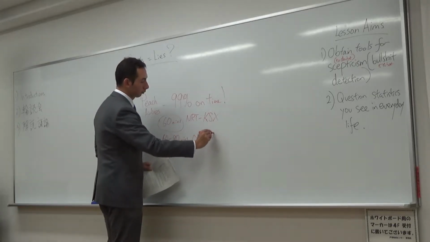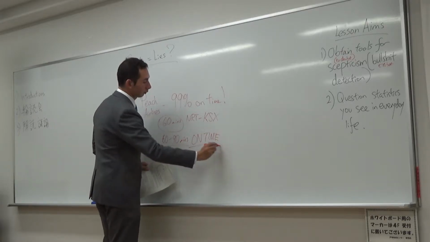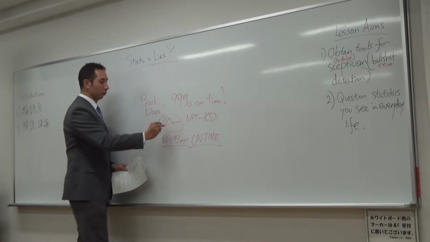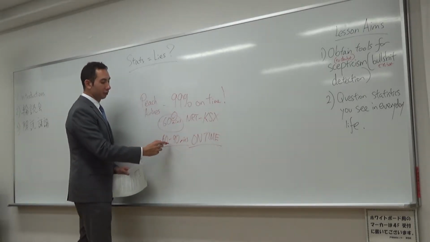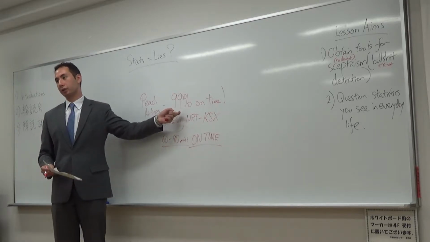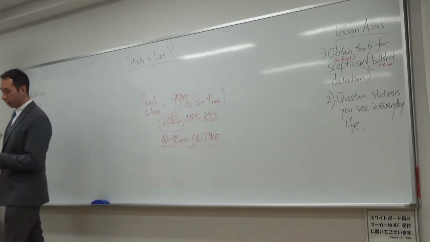Okay? That's moving the goalposts. This is the true goal, but this is moving the goalposts. It's making it easier to get the 99%. Right? So that's what airlines have been doing.